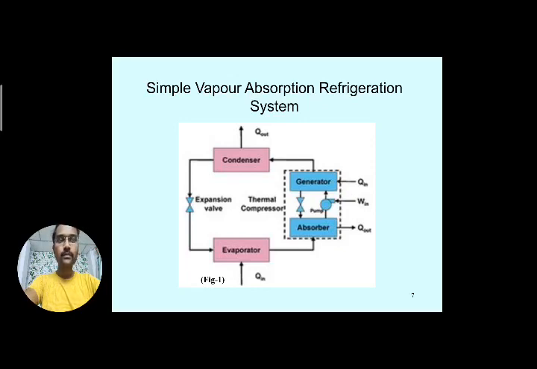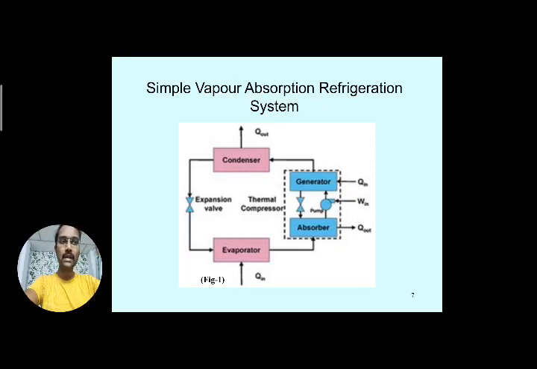In the VCR system, I have told that some freon group of refrigerants we are using, like R12, R22, R134A, those types of refrigerant, the freon family. Here we can use organic refrigerants like ammonia, or different combinations like lithium bromide along with some absorbent.